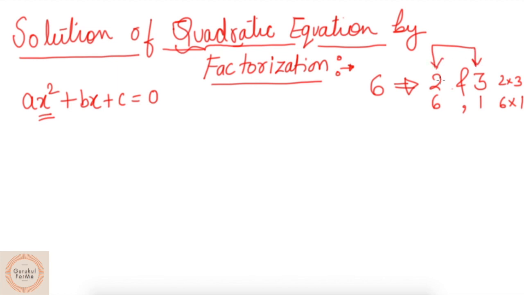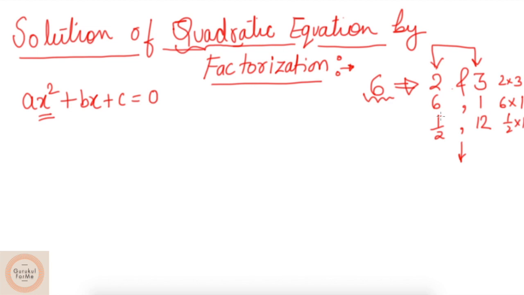If I take fractions also, then it can be half and 12. Factors means you have to split this into 2 or more parts.